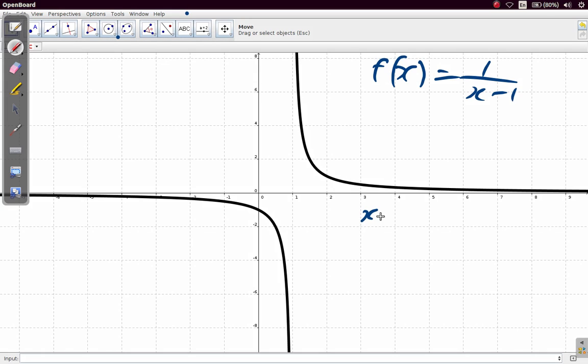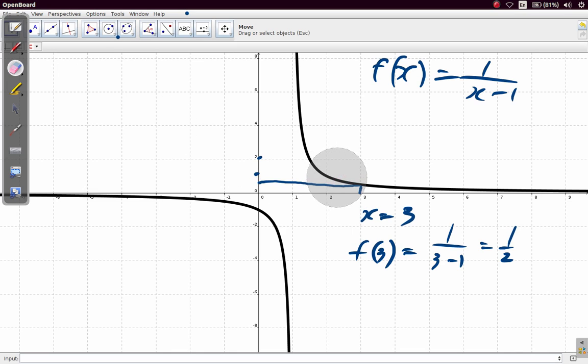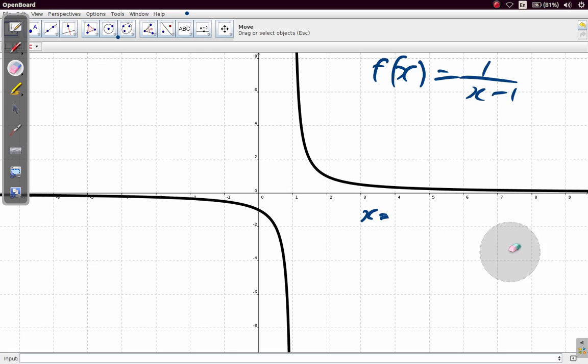when x equals 3, what is f of 3? Well, f of 3 would be 1 over 3 minus 1, which is 1 over 2. This is 3 and this is half. 1 would be about here, 2, so this is about half. Good. What about when x is 2?